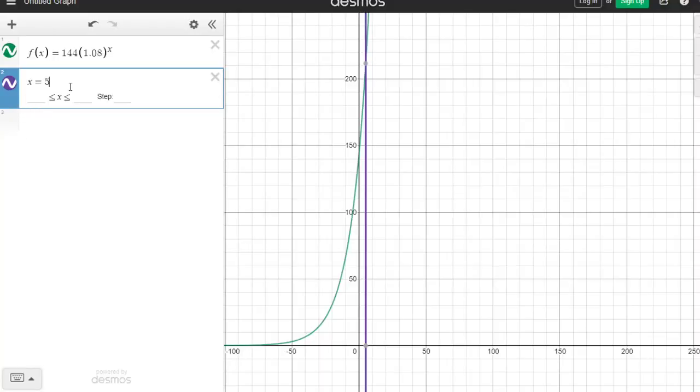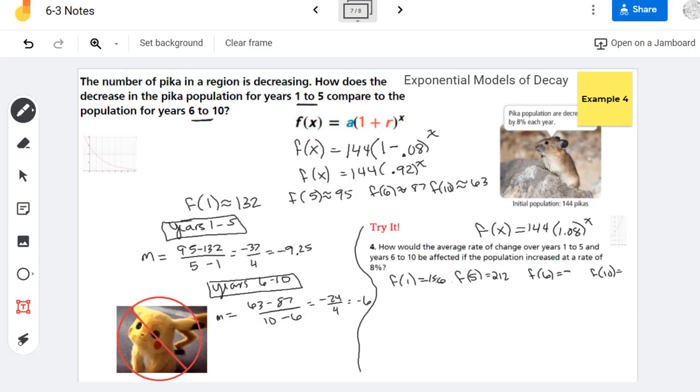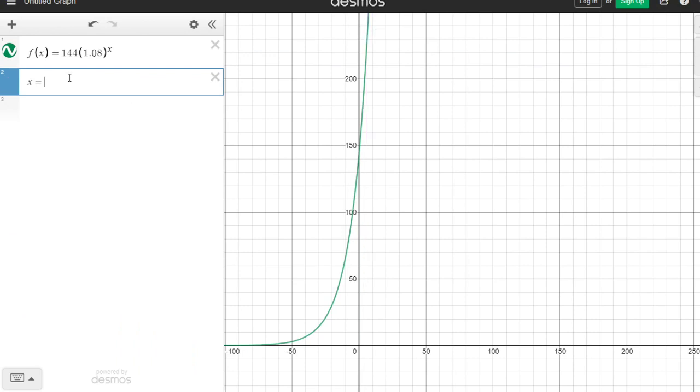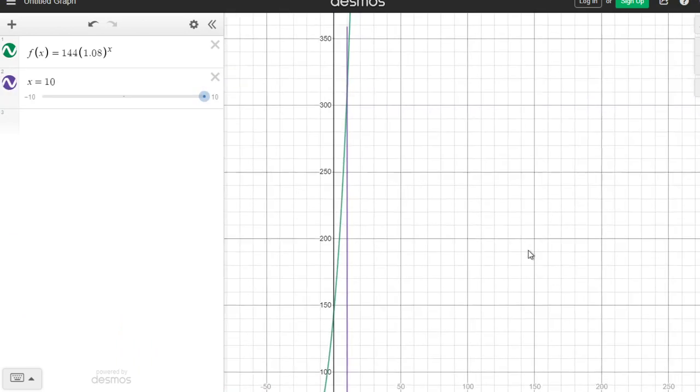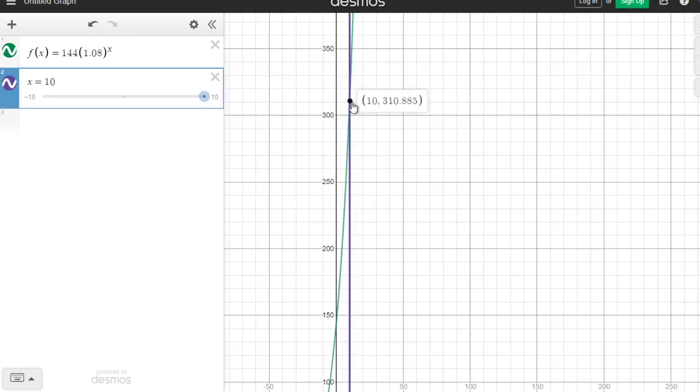Now I'm going to do that with x equals 6. I get about 229. And if x equals 10, you get about 311.